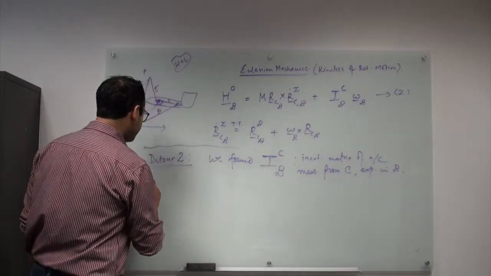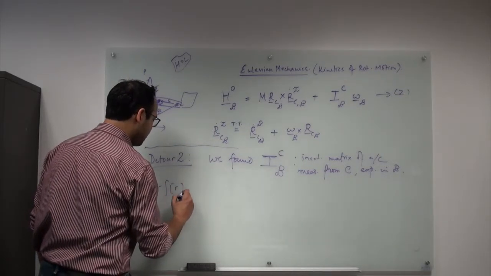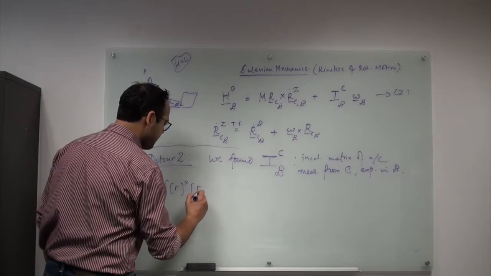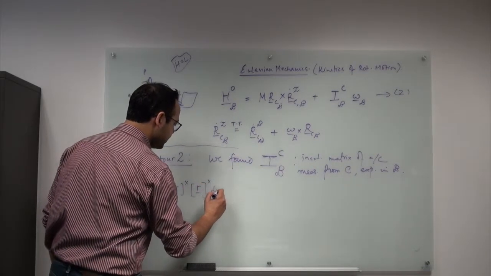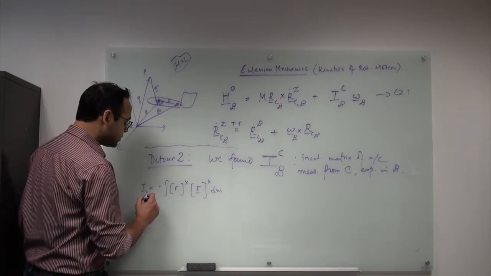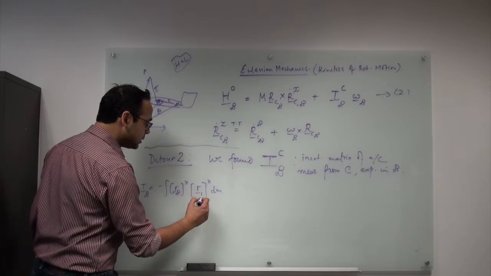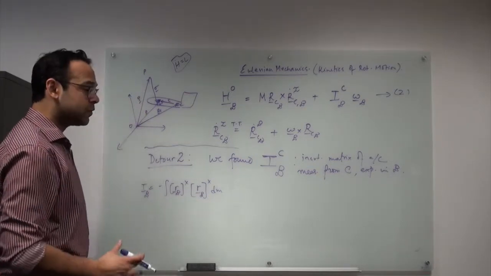So, if you remember, the inertia matrix was what? That's what the inertia matrix was. Of course, we needed things to be expressed somewhere because the skew symmetric matrix needs components. So that's what we had.